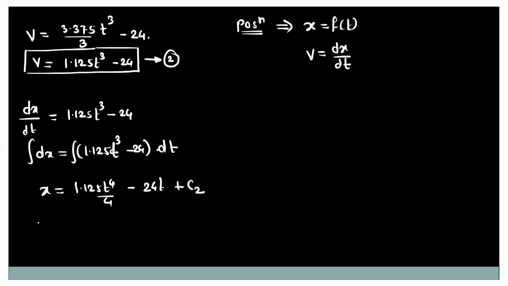So now refer the given condition for position and the time. So the condition given is x is equal to 0 when time t is equal to 3 seconds. So put this condition in this equation so we can find out the constant c2. So x is 0 when time t is 3. So this is 1.125 upon 4 into 3 raised to 4 minus 24 into 3 plus c2.